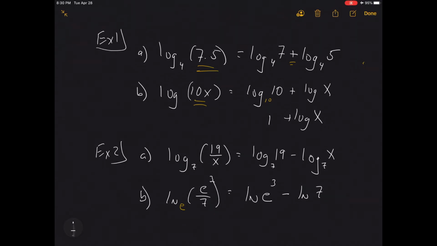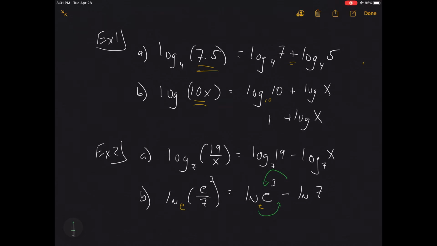Now, this first one can actually be simplified. The natural log of e cubed, in this case I am actually going to put the e down here to make it a little bit easier. What you have to think of yourself is this. If I were to take e and raise it to some power, it's got to give me e cubed.